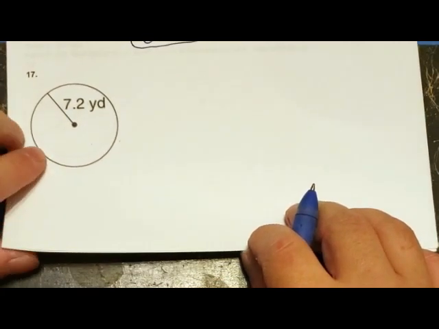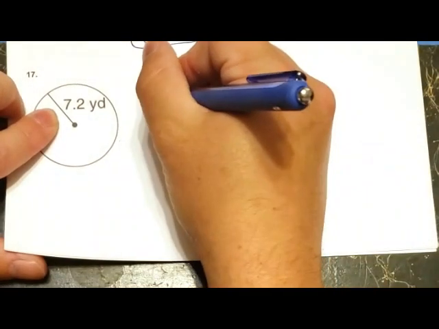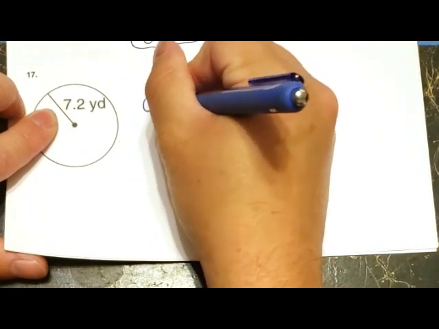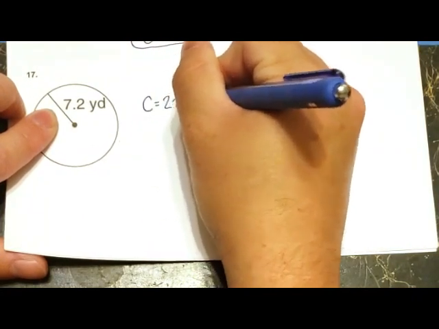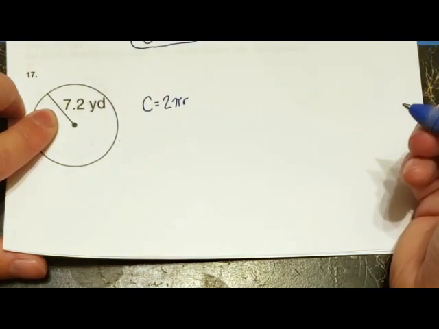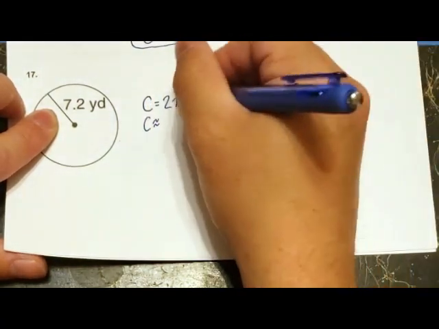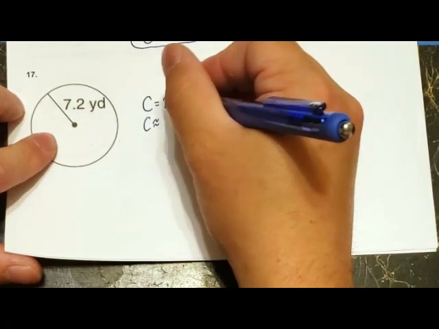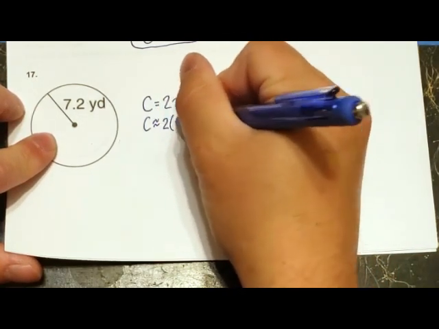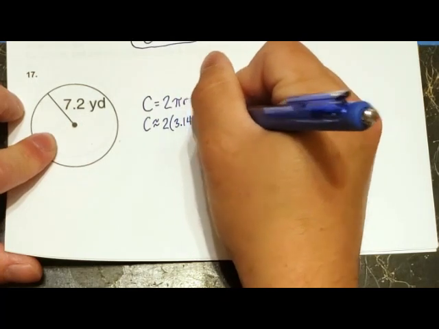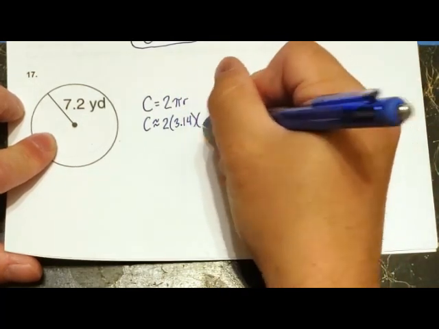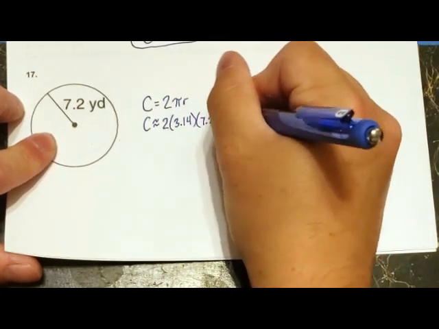Number 17 gives you a radius, so we need the other formula. Circumference equals 2 pi r. Okay, we're going to plug in our approximation for pi and the radius. So bring down the 2. Our approximation for pi is 3.14 times the radius, 7.2.